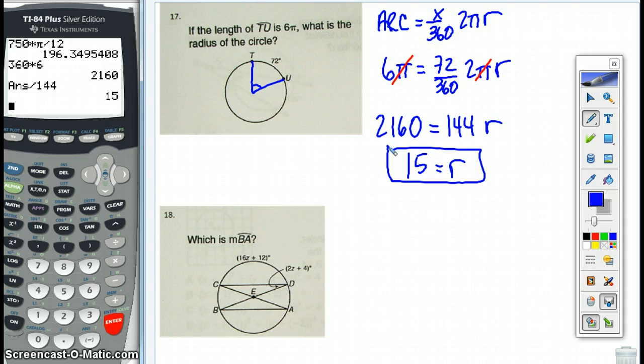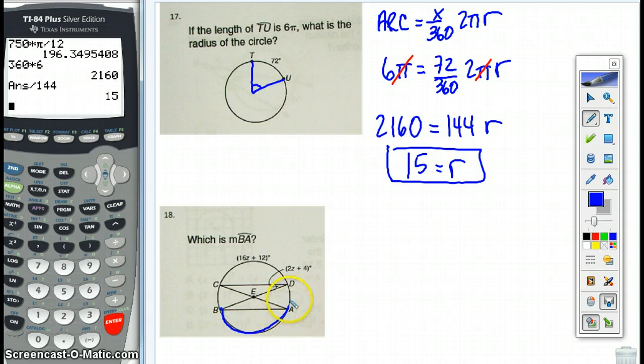All right, coming up next, we're looking for the measure of this arc right here. That's going to be the same as any of its included angles, which there aren't really any included angles.